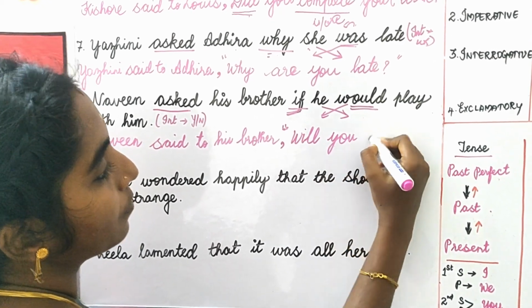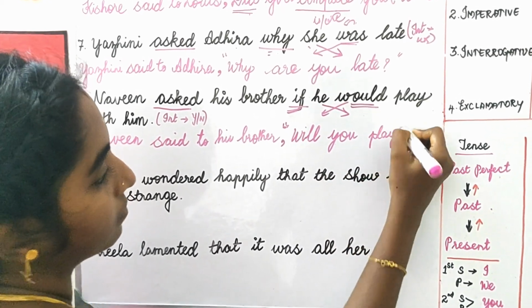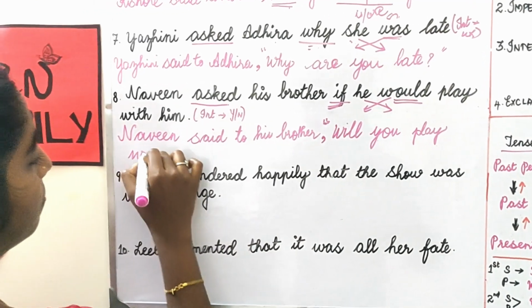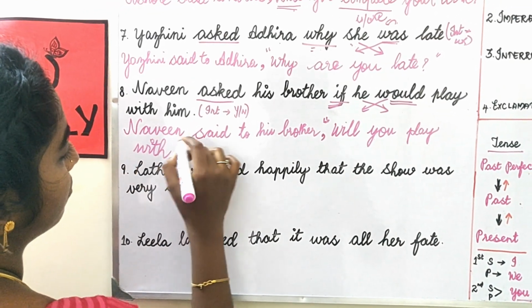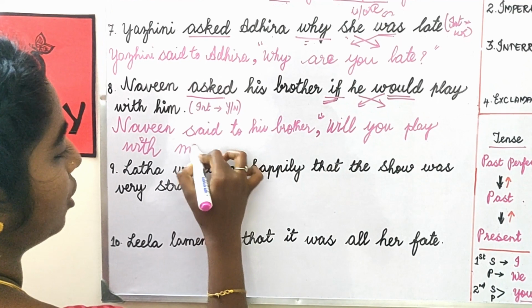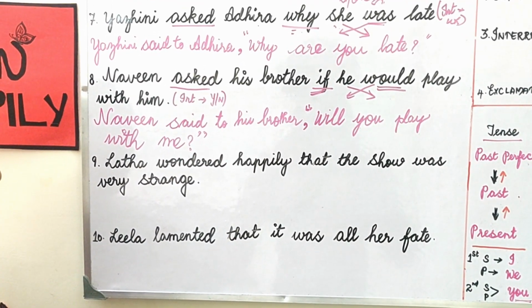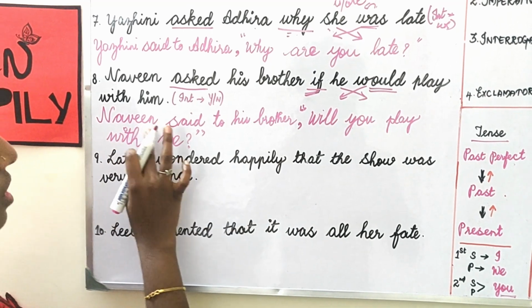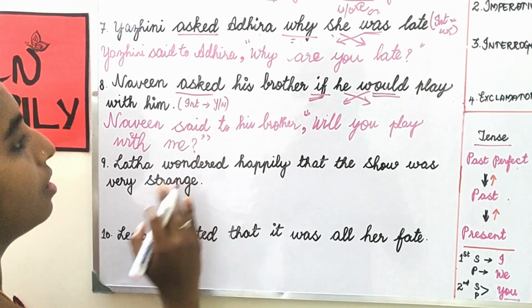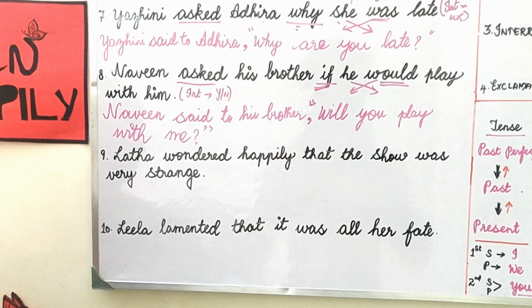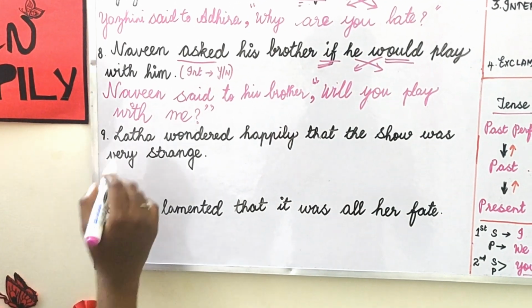Will you play with whom? Me. Will you play with me? Question mark, close quotation. Just imagine that you are Navin and ask the question, will you play with me? That's it. The next sentence.